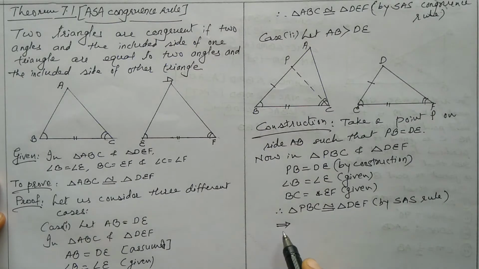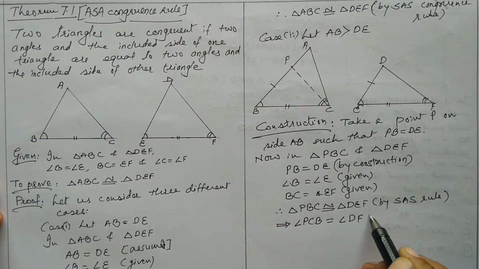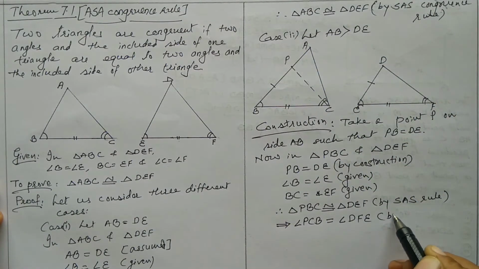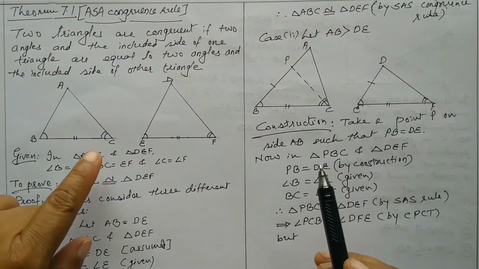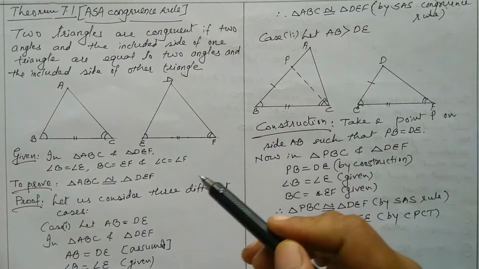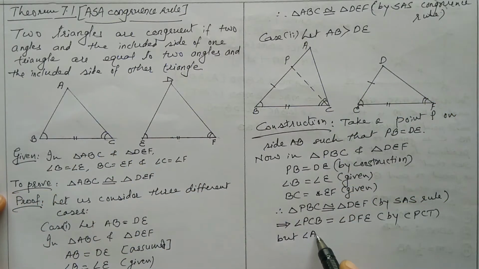Therefore it implies that the remaining part, angle PCB, is equal to angle DFE, by CPCT. But it is given that angle C is congruent to F, that is, angle ACB is congruent to DFE.